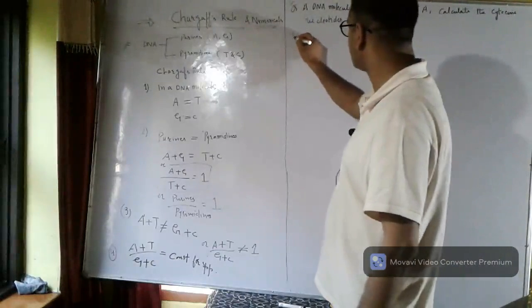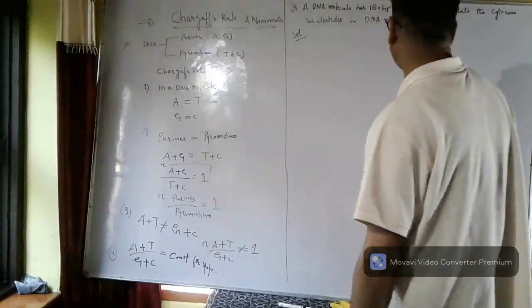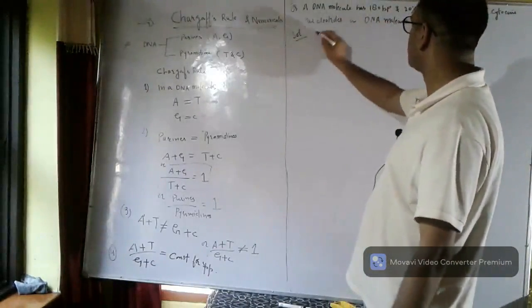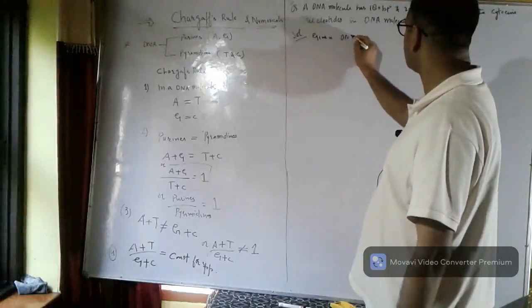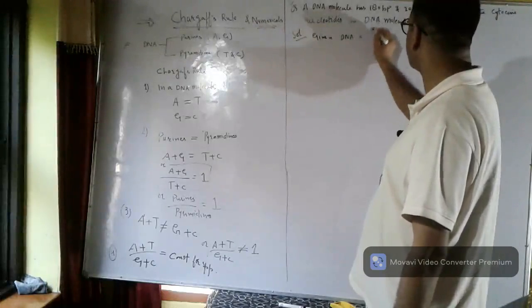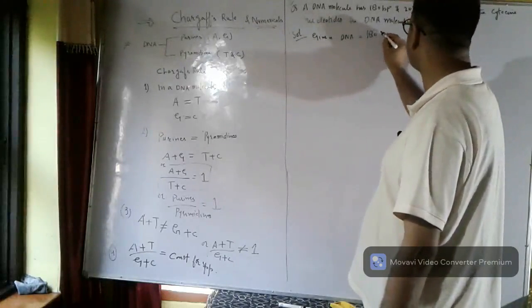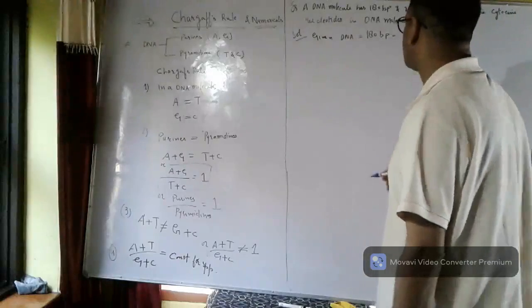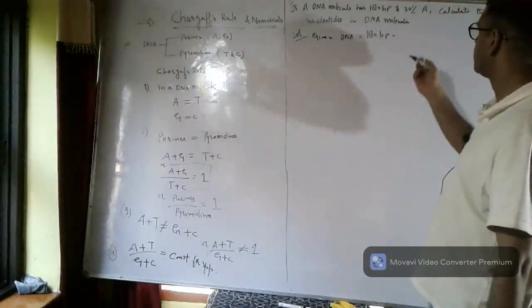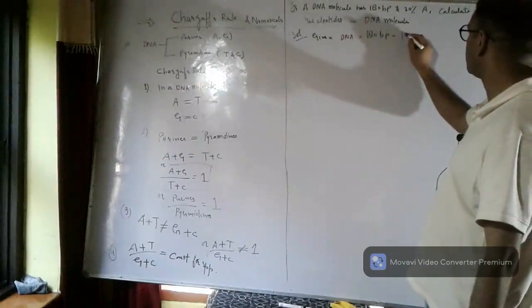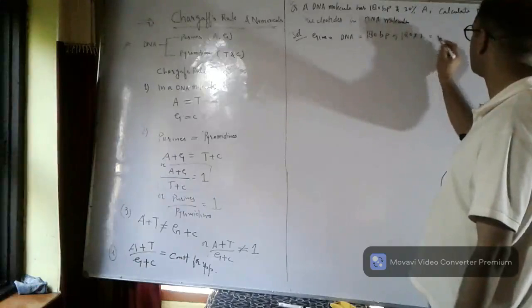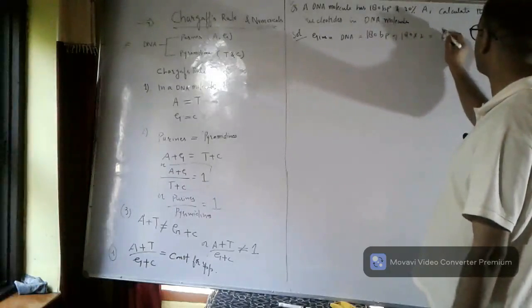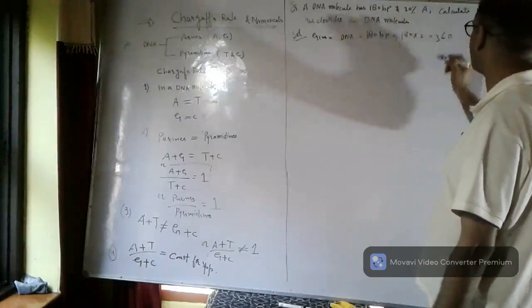We have the solution. What is given? The DNA molecule has 180 base pairs. That means the total number of nucleotides in DNA is 180 into 2, that is equal to 360.